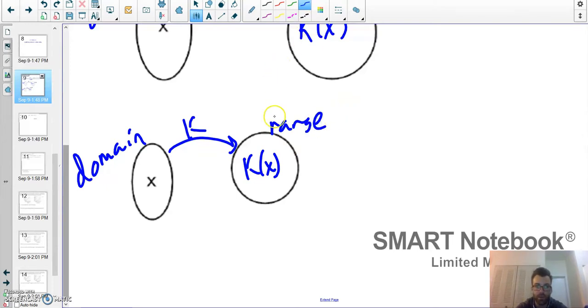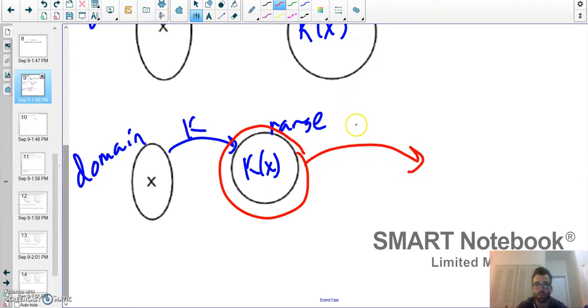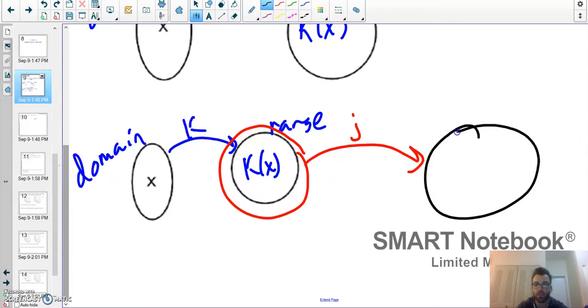But now we're going to take k of x and apply another function, we'll call that j, to k, so that now we have j of k of x, which is a composition of functions.